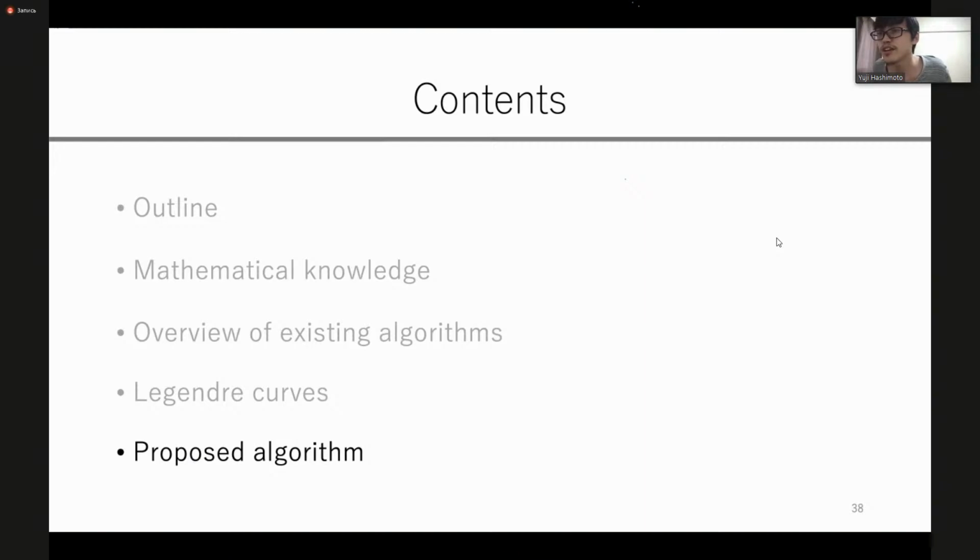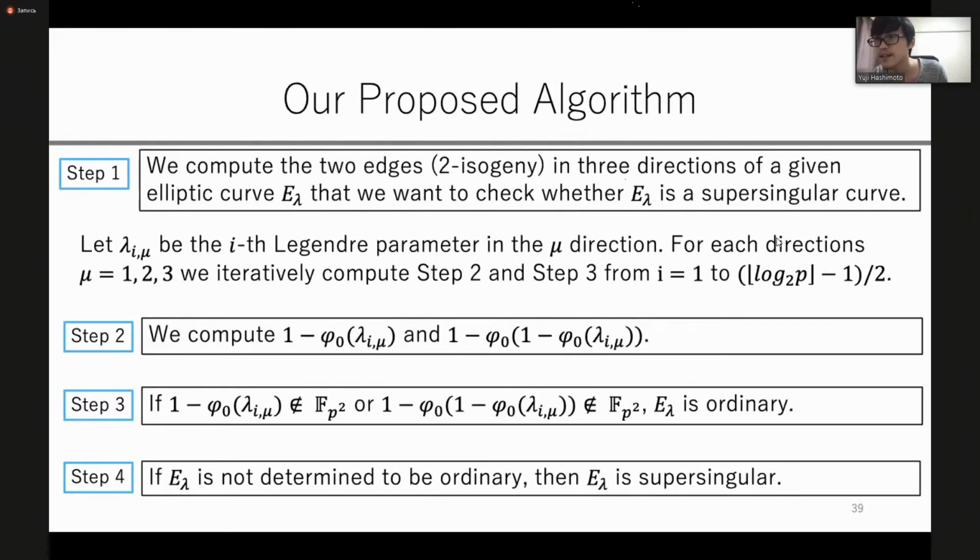Okay, I will explain our proposed algorithms. Step 1, we compute the three edges in 3 directions of a given elliptic curve E lambda, because we want to check whether E lambda is a supersingular curve.